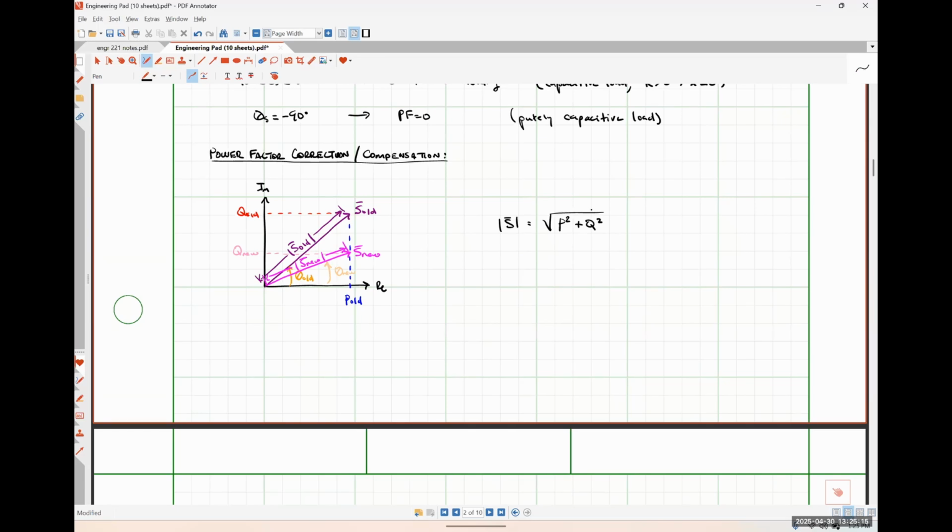So what is the effect, potentially, of making our apparent power smaller in a system? If our voltage stays constant, then that means our current must have gone down. And so if our current goes down, that means we might not need to use as large of conductors to electrically excite that load. So potentially this is where some cost savings could come in, right?